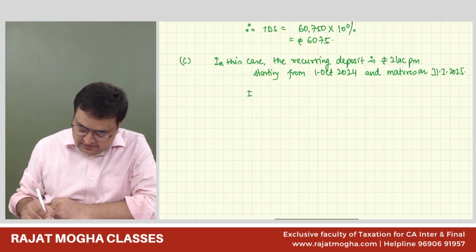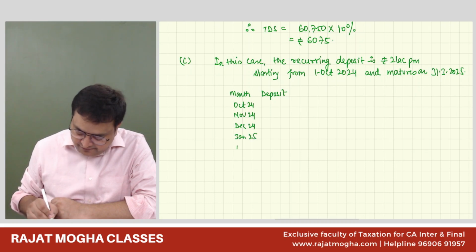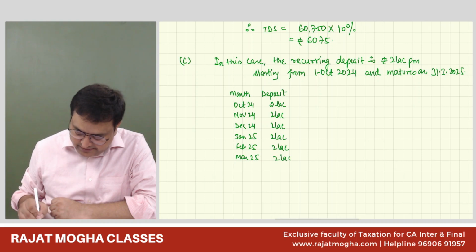So my first installment deposit months are October 24, November 24, December 24, January 25, February 25, and March 25. Every month, I'm depositing 2 lakh rupees, 2 lakh, 2 lakh, 2 lakh, 2 lakh, 2 lakh.